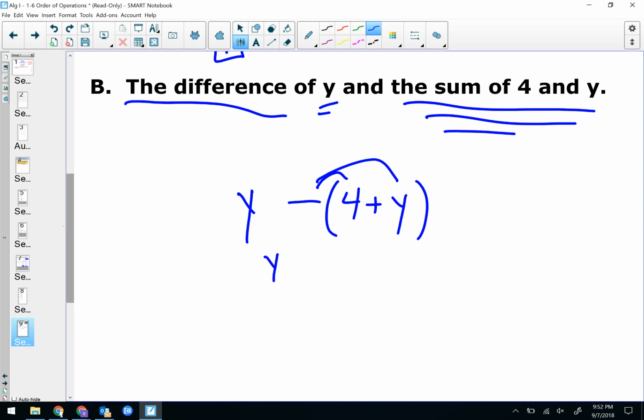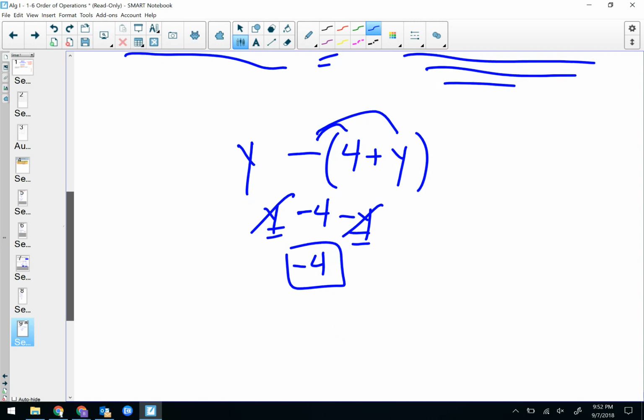Distribute that negative and it turns everything negative on the inside. -4. And then this positive y turns into a negative y. And then look what happens. What's positive y and negative y? Nothing. Those two terms cancel out. So it ends up just being -4. Answer is -4.